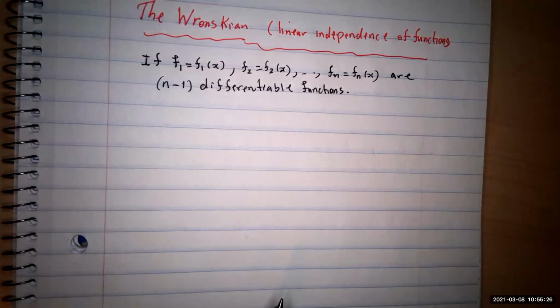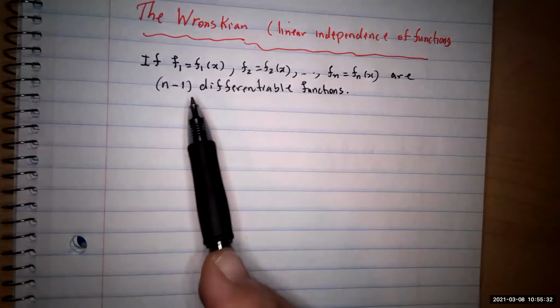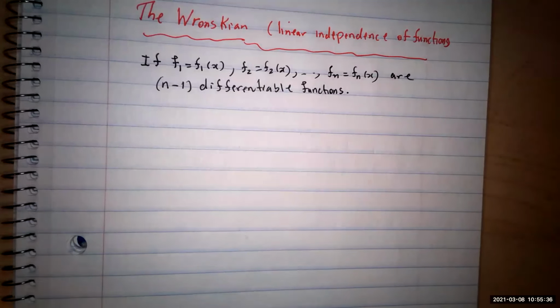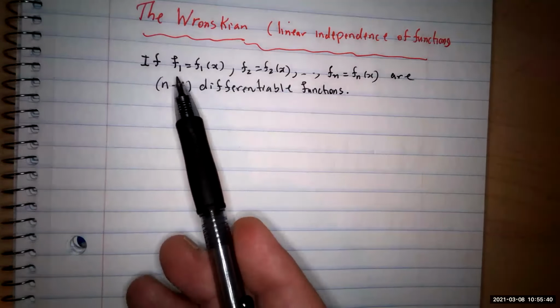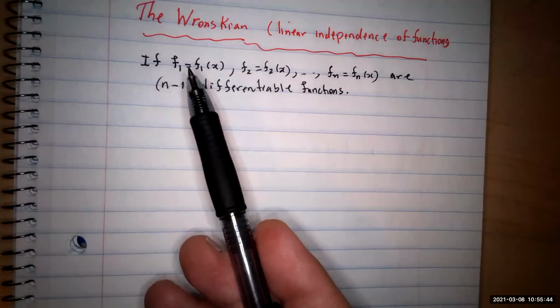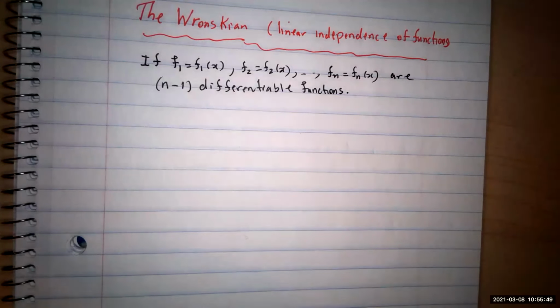If you write 3 functions, n is equal to 3, and n minus 1 would be 2. Two times differentiable means you can find the first derivative and the second derivative. You start with the function, you differentiate, that gives you f prime. You differentiate again, that gives you f double prime. So in that case, it is 2 times differentiable.